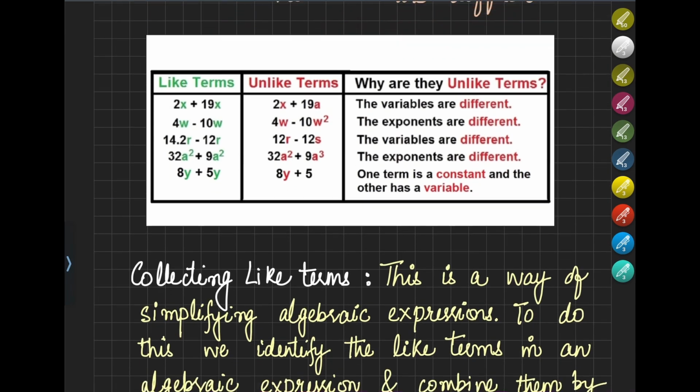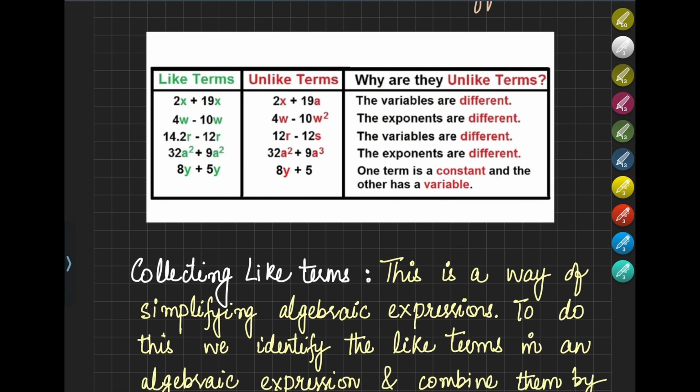Now let's look at more examples for like terms and unlike terms. We see here that 2x plus 19x are like terms because they have the same variable x and the exponent is the same. 4w minus 10w, the variable w is the same in both the cases and the exponent is the same.